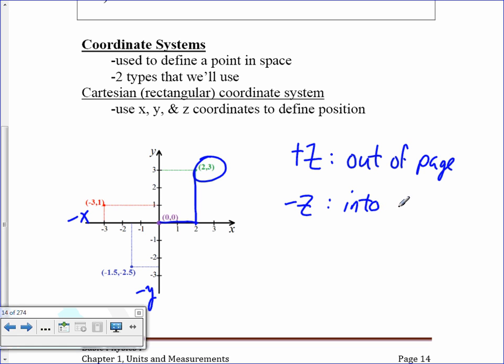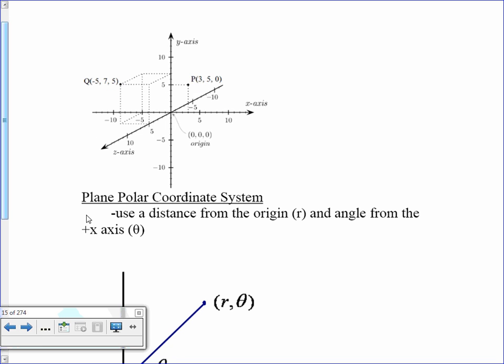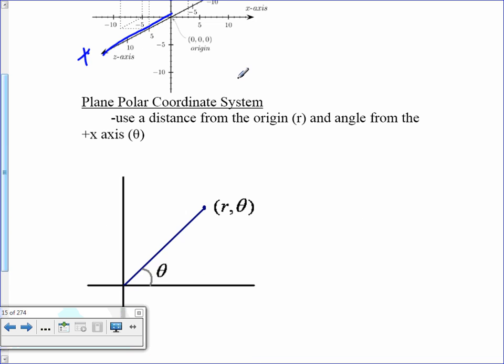We'll deal with three-dimensional coordinate systems about midway through the course when we get into rotation, and next semester in electricity and magnetism we'll deal with three dimensions a lot. All right. There's the three-dimensional, this is the z-axis right here. Remember, this is plus z, and this is minus z, into and out of the page.